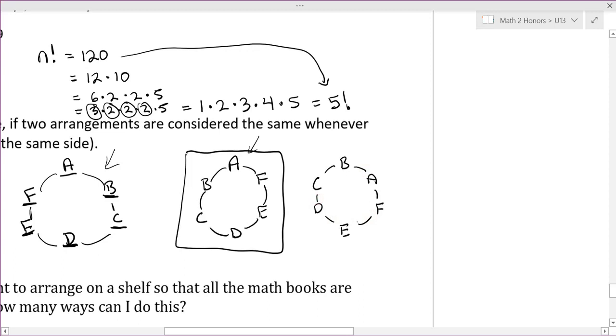Every letter A is still next to B and F. F is still next to E and A, and so on. It's just been rotated.